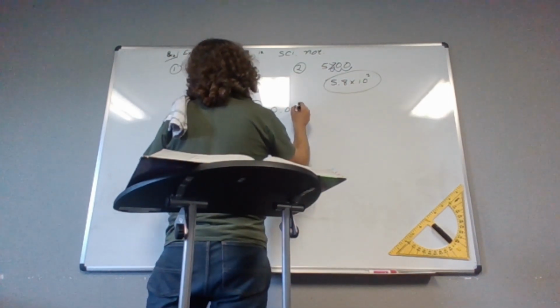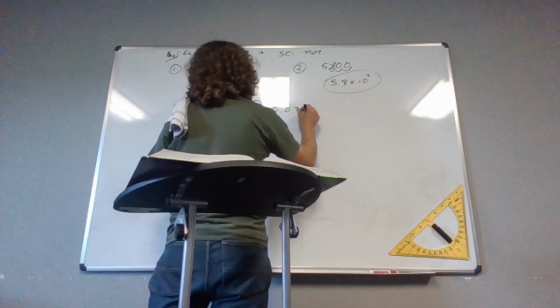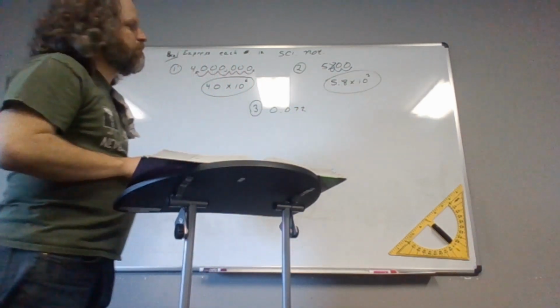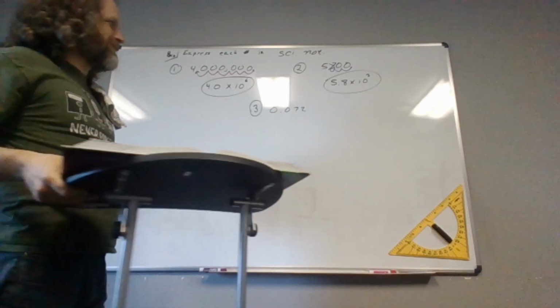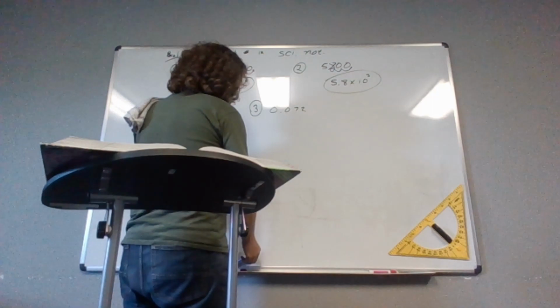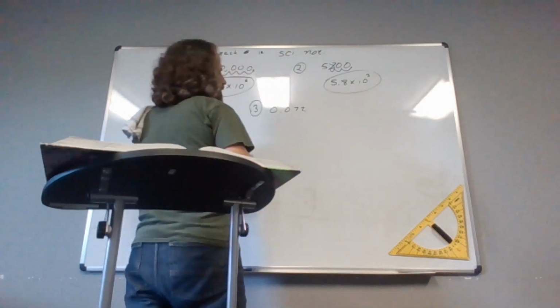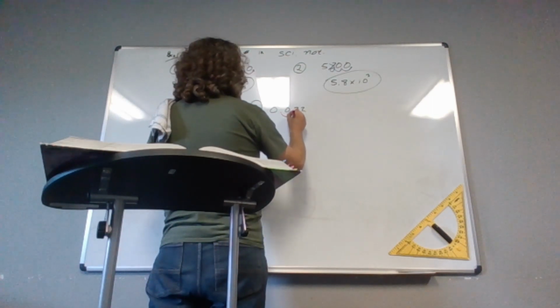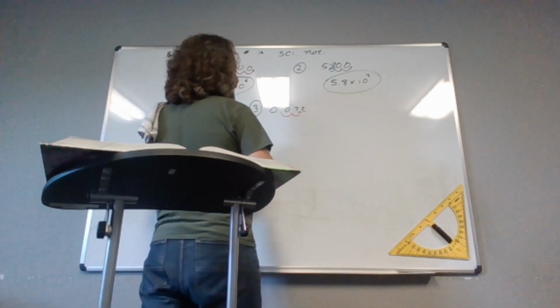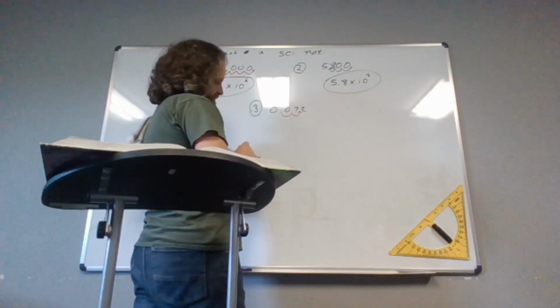0.072. Okay. There isn't one. Oh, there is one. It's the first one that's visible. 7. So we start at the decimal and we move to the right of the leftmost non-zero number.